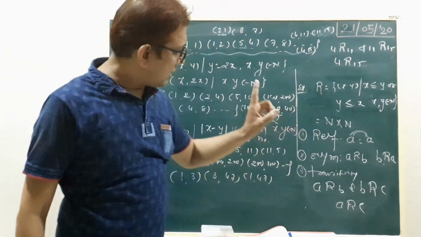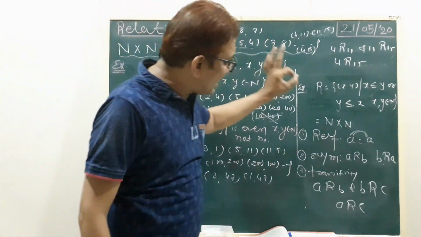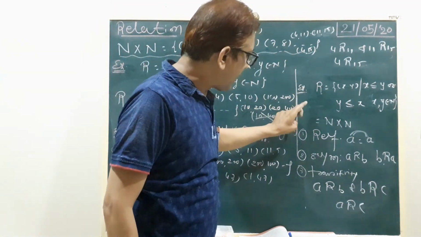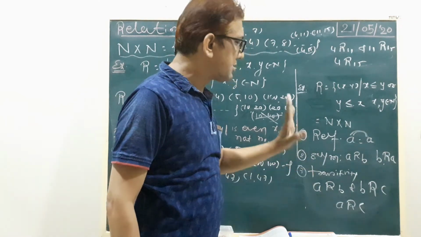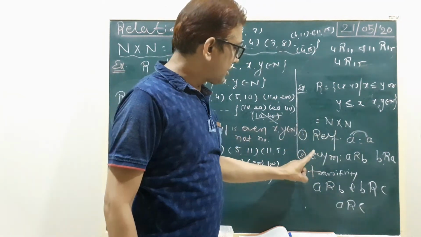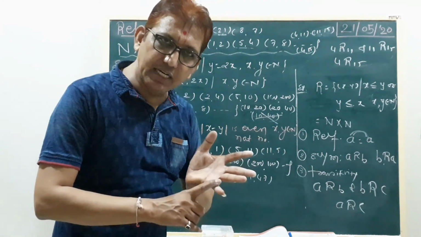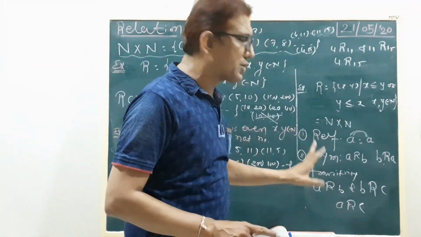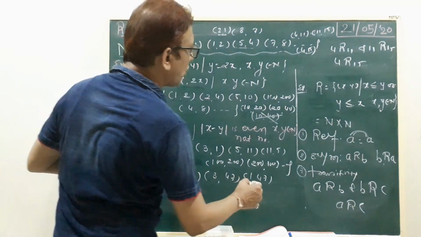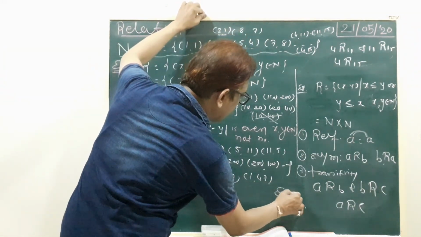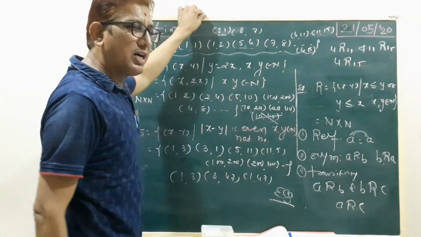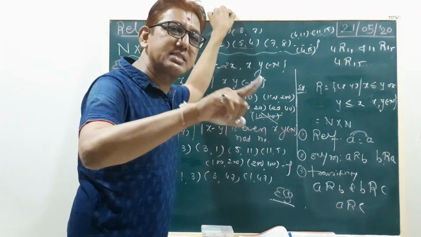Now if any relation satisfies the three properties, reflexive, symmetric and transitivity, then it is called an equivalence relation.